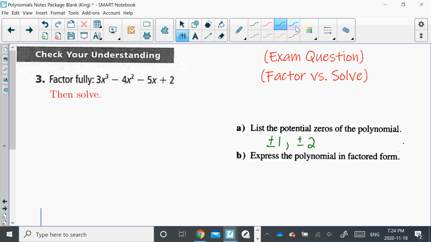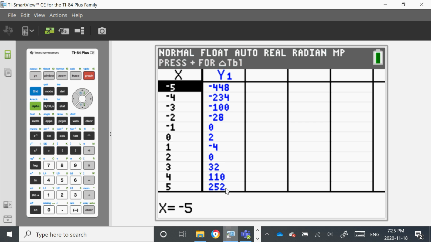We know that p of -1 is equal to 0. Therefore, I know that x plus 1 is a factor. So that's one of my factors. And the other one, I believe, was 2. I just need to double check that it was in fact 2. Let me see. Yes, p of 2 is equal to 0.